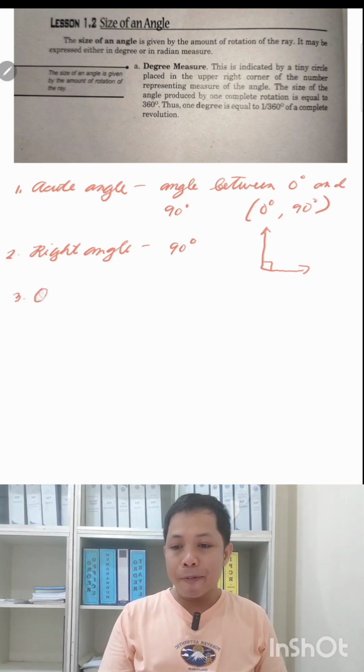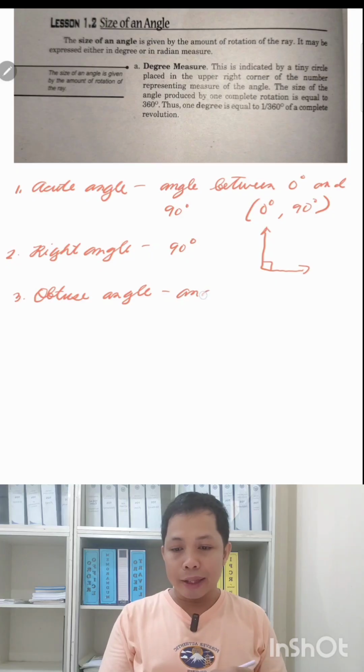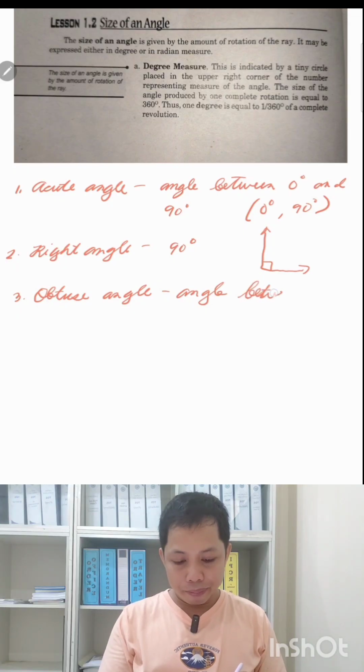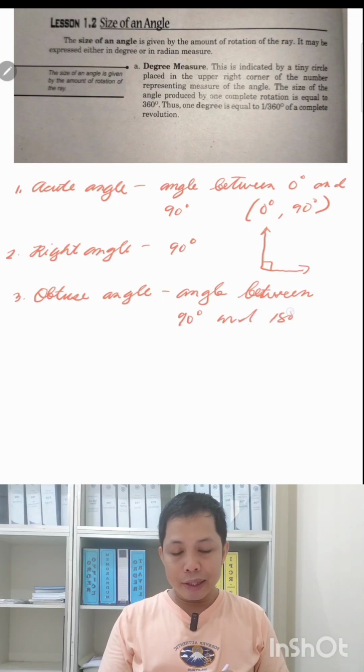The next type of angle is called the obtuse angle. An obtuse angle is an angle measuring between 90 degrees and 180 degrees.